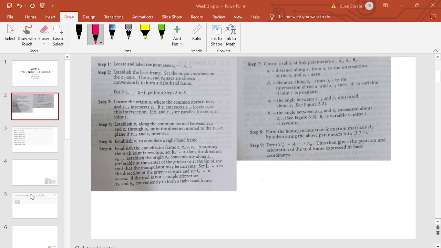Eventually you multiply all these matrices and get the ultimate resultant homogeneous matrix that relates the end effector frame to the base frame, from n to 0. So that is the procedure.